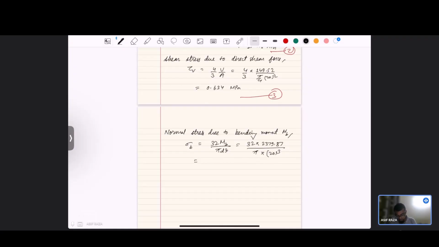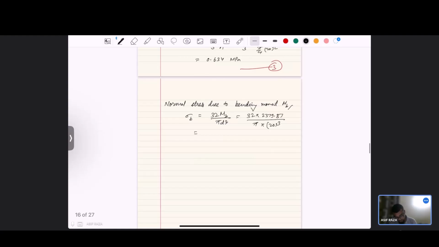Thirty-two into 2379.87 gives 3.03 megapascal.